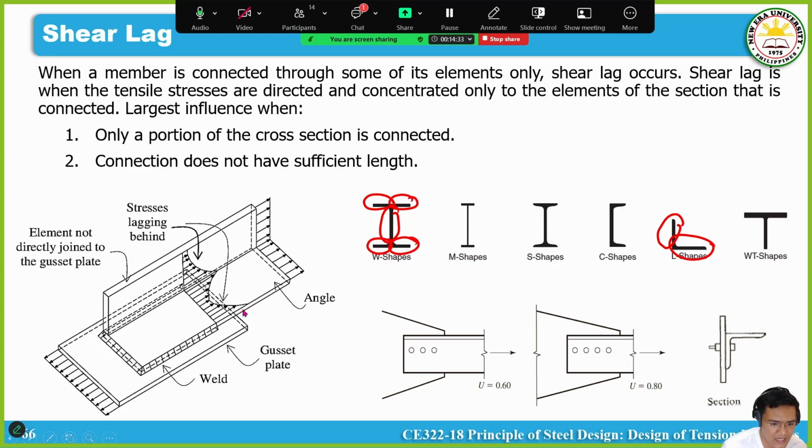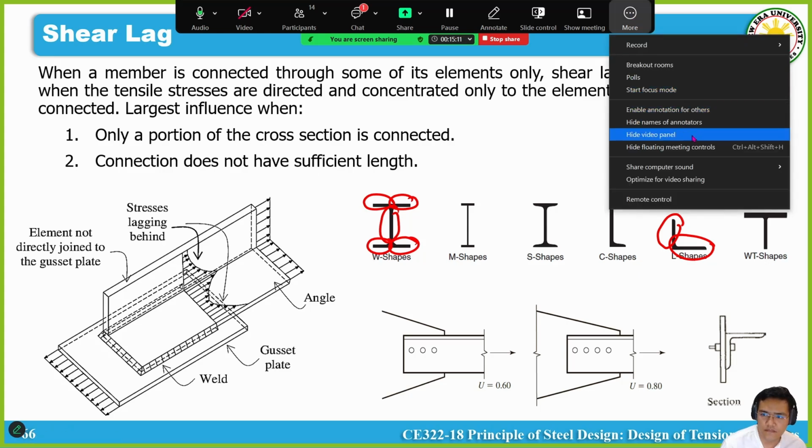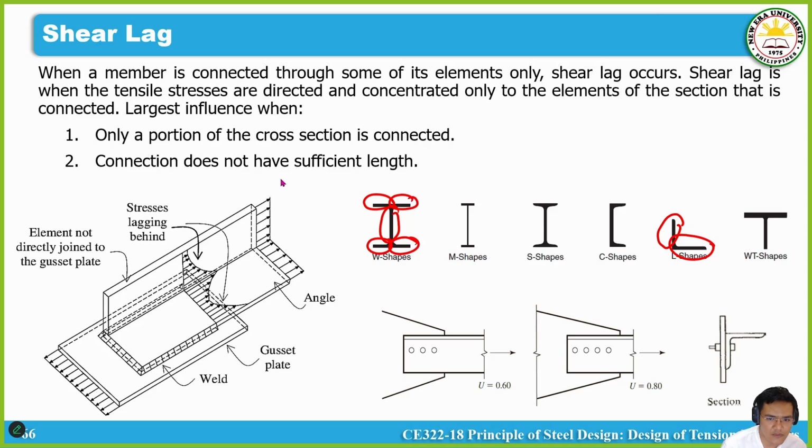Stresses at these points are mataas, and then dito sa bandang gitna, and even dun sa leg na hindi connected, possibly minimal stresses or possibly zero pa nga. So yan yung itsura ng stress distribution on the connection. So yun nga, shear lag, ang sabi, would occur if only a portion of cross-section is connected and connection does not have sufficient length.